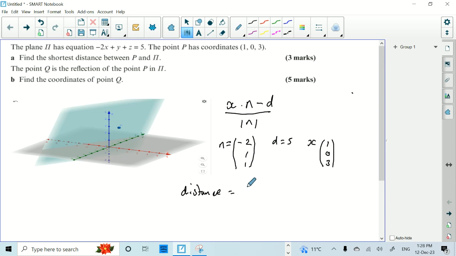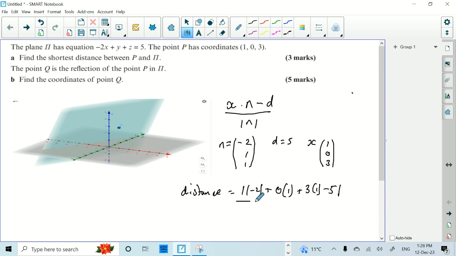So we're just going to substitute all the values in. x is 1, 0, 3 and n is minus 2, 1, 1. So x dot n is 1 times negative 2, plus 0 times 1, plus 3 times 1, and take away 5, minus d.